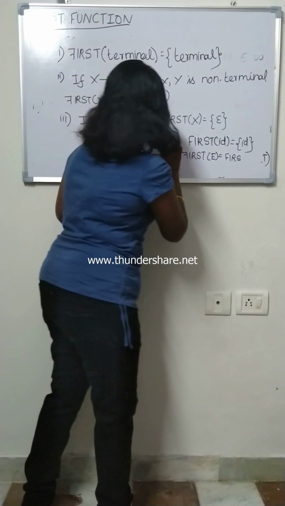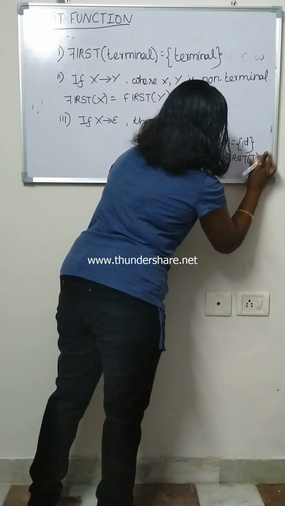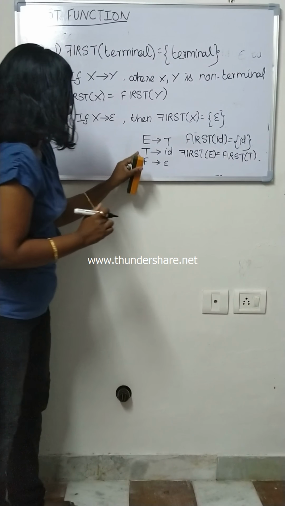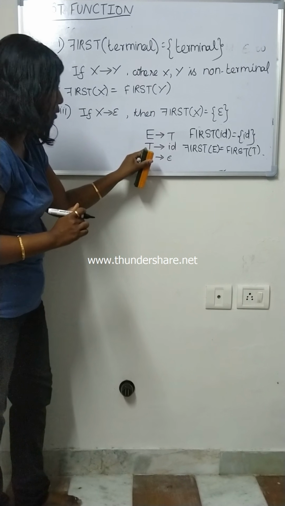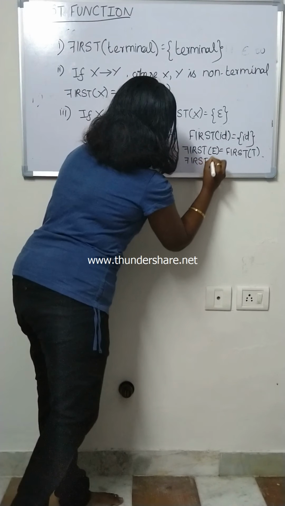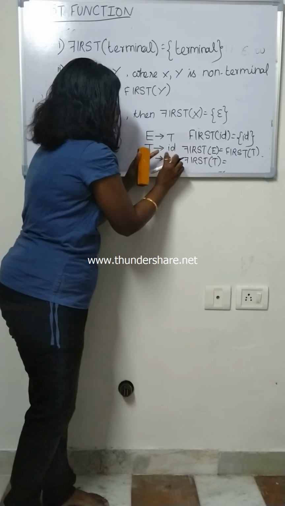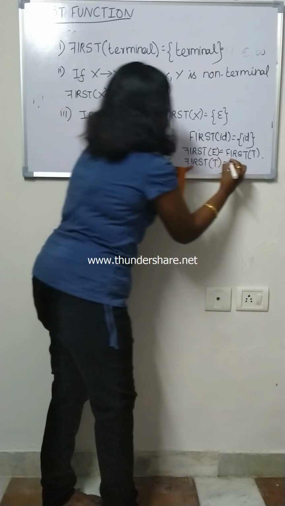T is there. So first of T. Now again I am going to find first of T. First of T is equal to, in the T production, after the arrow the first character is ID. So ID.